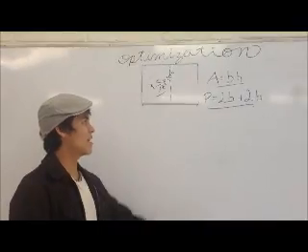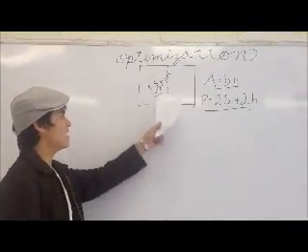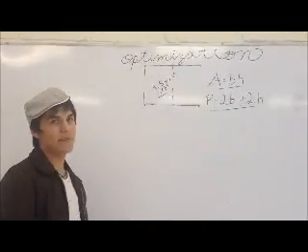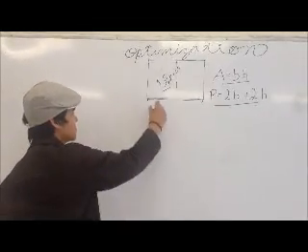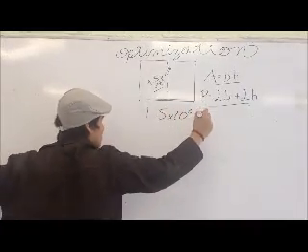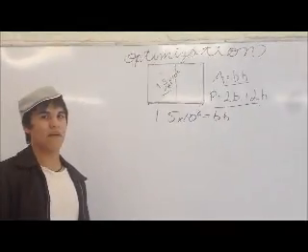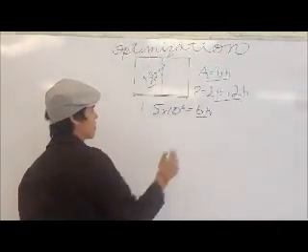our formulas for area and perimeter. Now we're going to apply the data that we know, 1.5 million feet squared. And now we're going to solve for one of our variables.